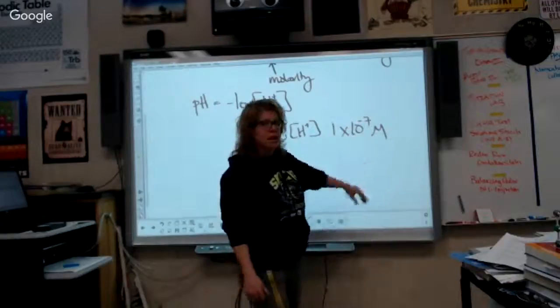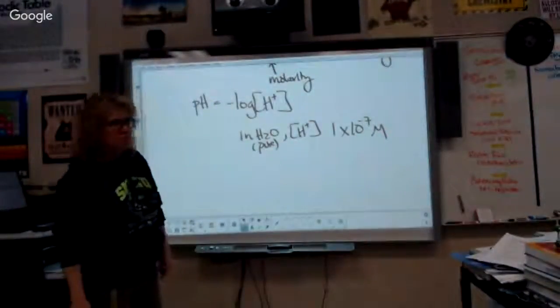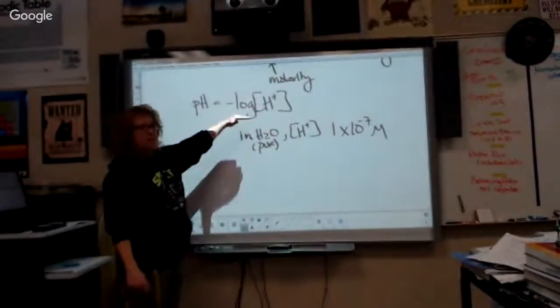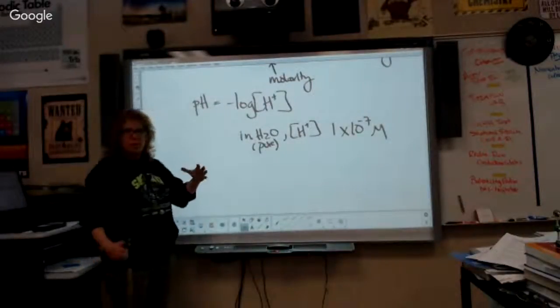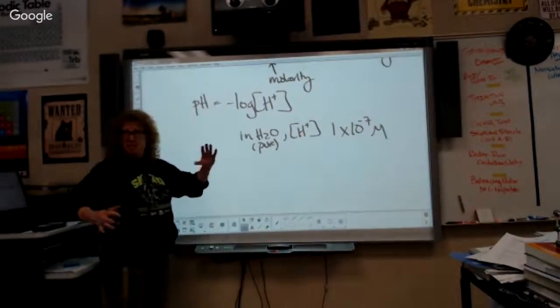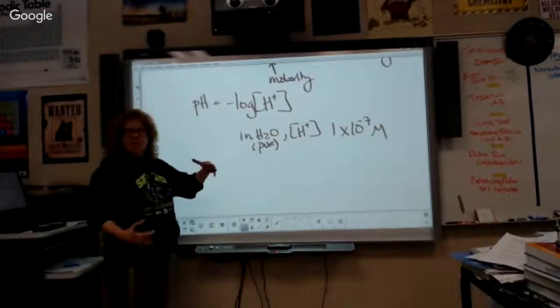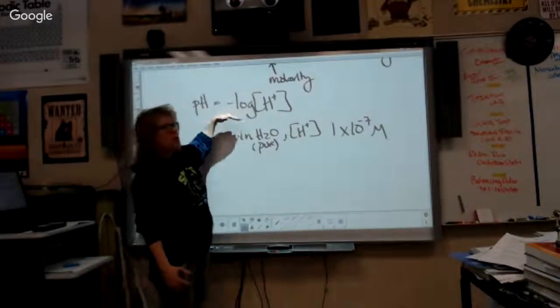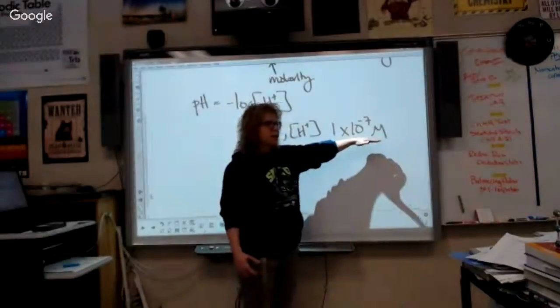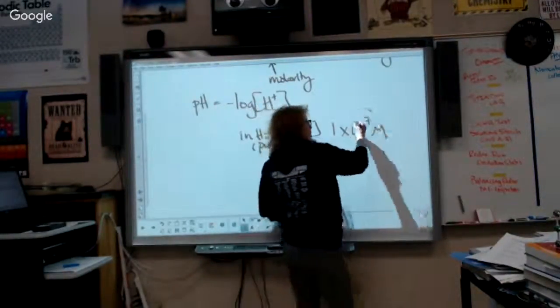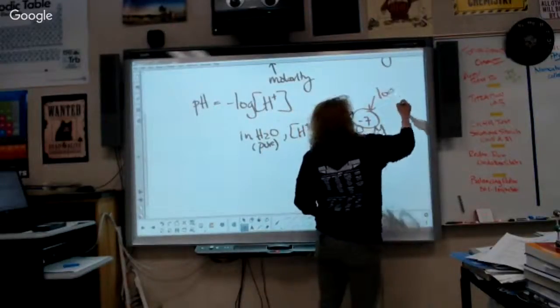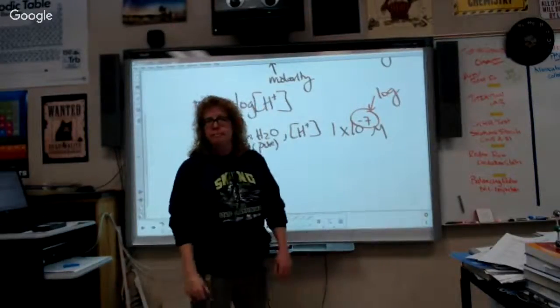If you put this into a calculator, here's what's kind of nice of it. You take a log function of this. I don't know how much algebra you've had, because I used to hate log functions. Doing the log rules and all that stuff's kind of hard, but we don't have to worry about that. Here's what's nice about log functions: the log function outputs the exponent.